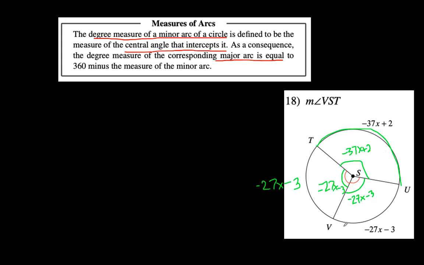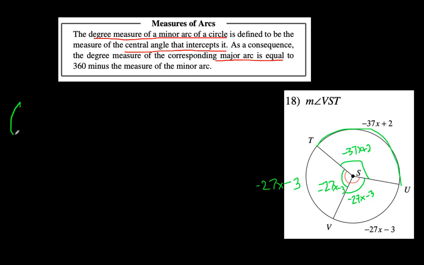Similarly, the sum of all the measures of the arcs of the given circle S is also 360 degrees. So let's use the given to solve for the value of x and for the angle measure of VST. We can add all the angles.